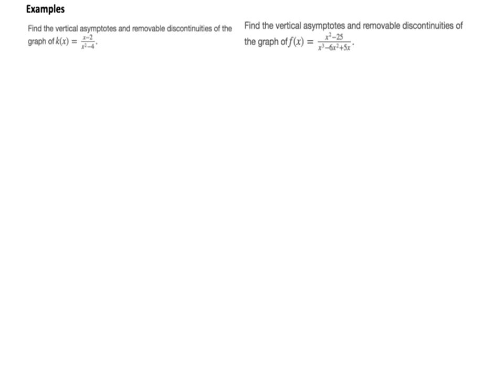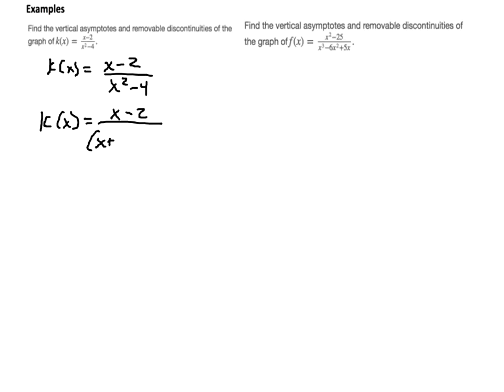Okay, same thing here, removable discontinuities or vertical asymptotes. I'm just going to rewrite my function here. I have k of x equals x minus 2 over x squared minus 4. So k of x equals x minus 2 over, that denominator factors as x plus 2, x minus 2.